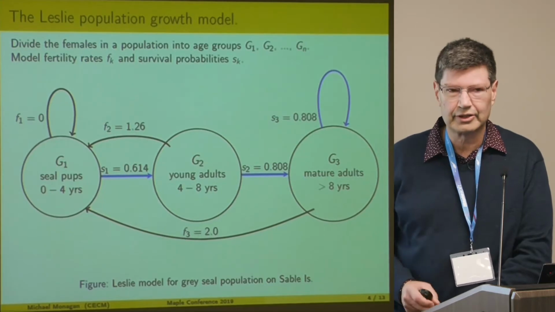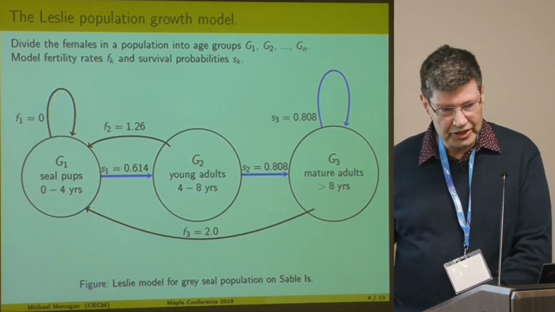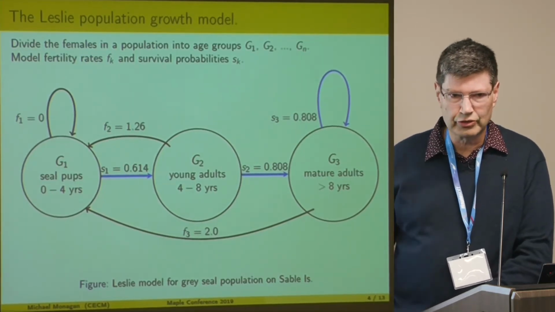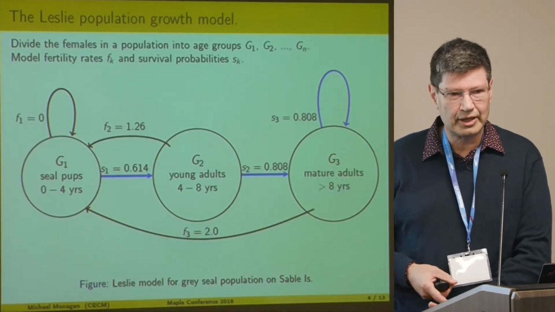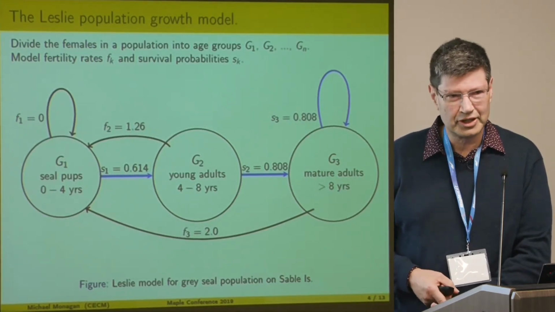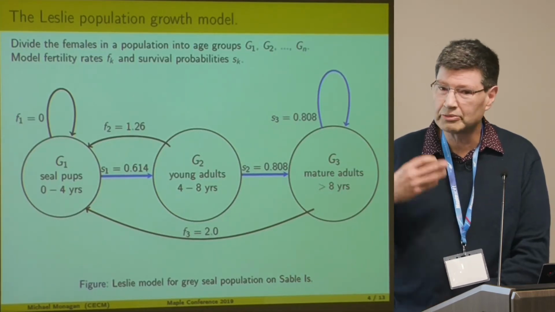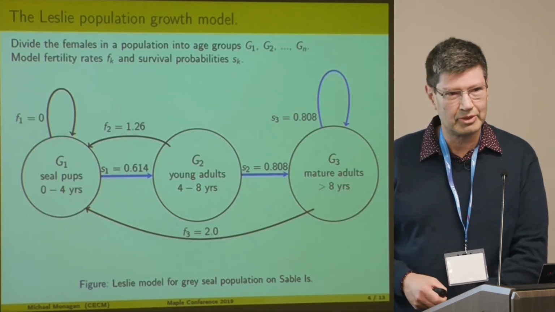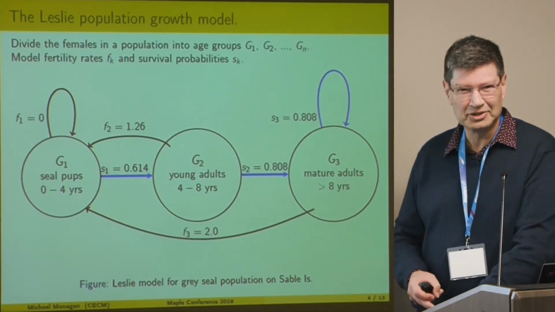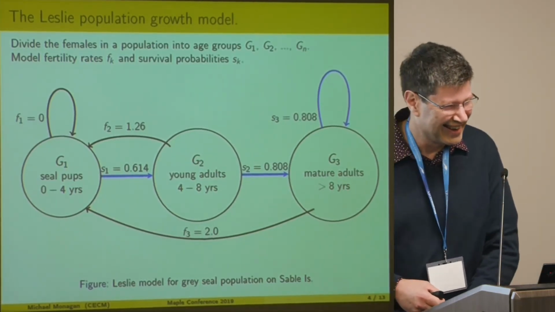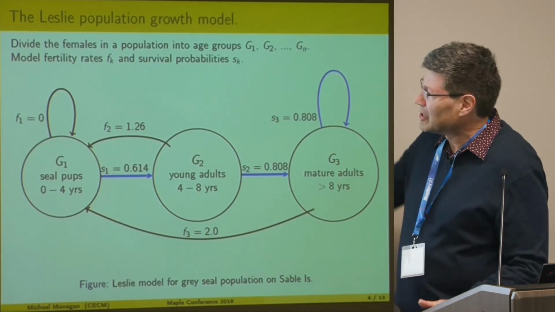It's in the Atlantic. We're going to see that the seal population is growing dramatically fast, and the fishermen are not happy. They want to kill the seal population, and we're going to make a recommendation as to how they might do that.